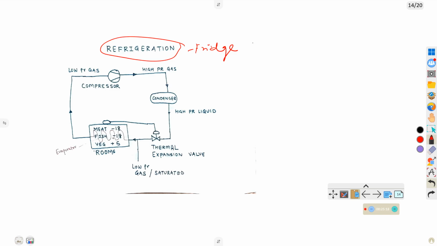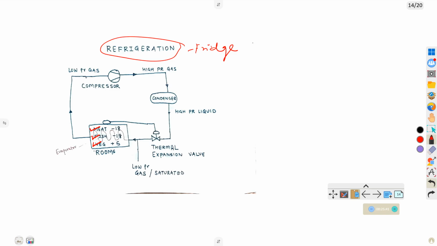On a ship, how many evaporators are there? Three. One for meat room, one for fish room, one for veg room. How much temperature do you have to maintain? -18 for meat, -18 for fish, and +5 for veg room.